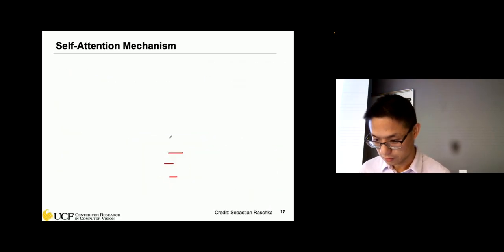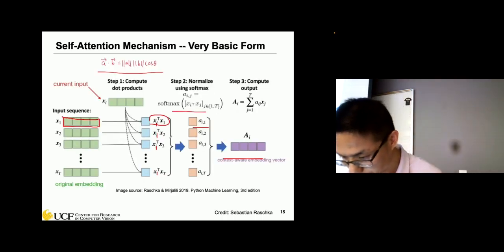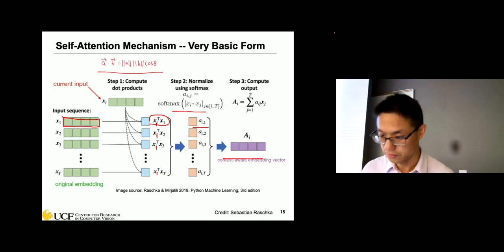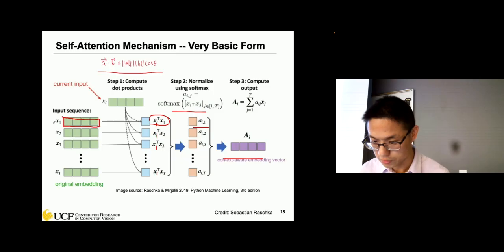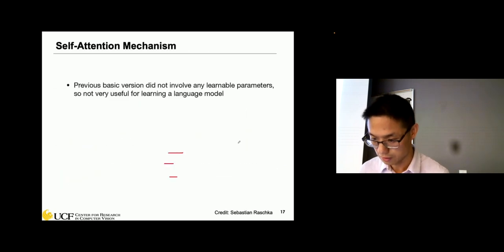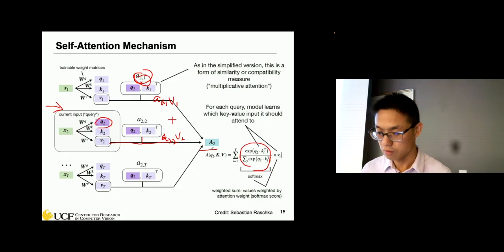I'm not sure if there's any confusion. Just like this, we have A11 that we multiply with X1, we multiply this with X2, and we sum them together to get a weighted output vector. Here it is the same. So you have an output vector.